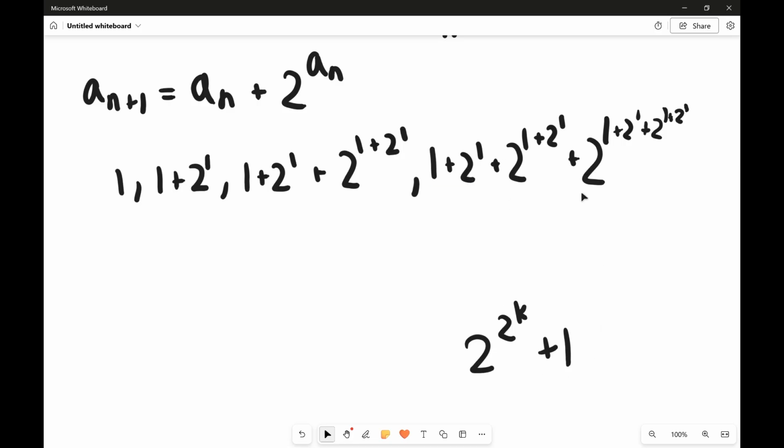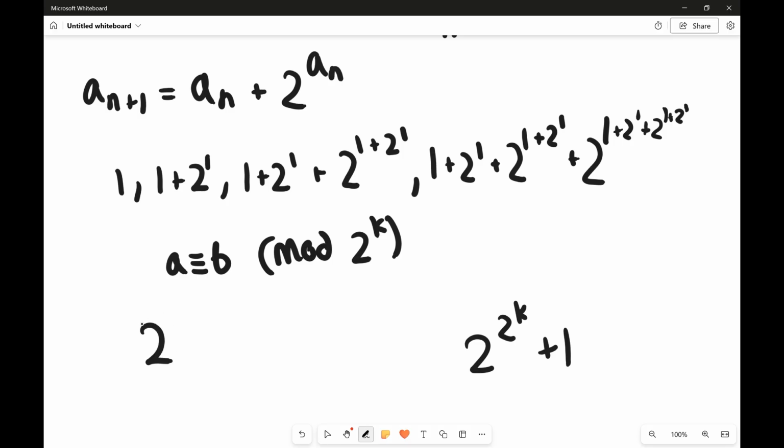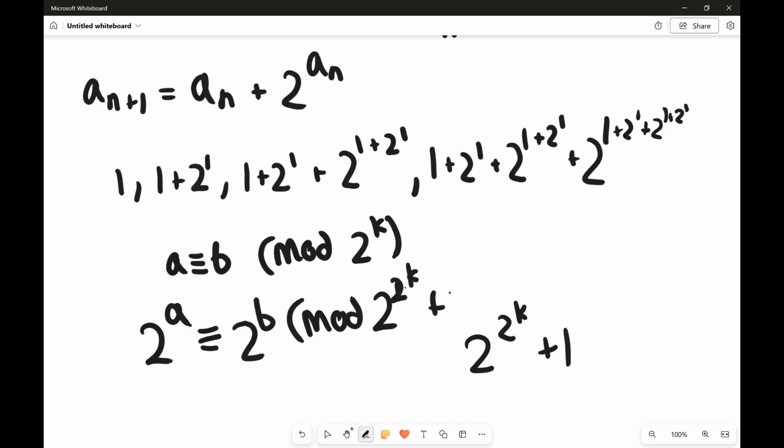Then eventually this number will even out modulo 2 to the power of k, because it grows arbitrarily large. So that means that if a is equivalent to b modulo 2 to the power of k, then 2 to the a is equivalent to 2 to the b modulo 2 to the k plus 1.